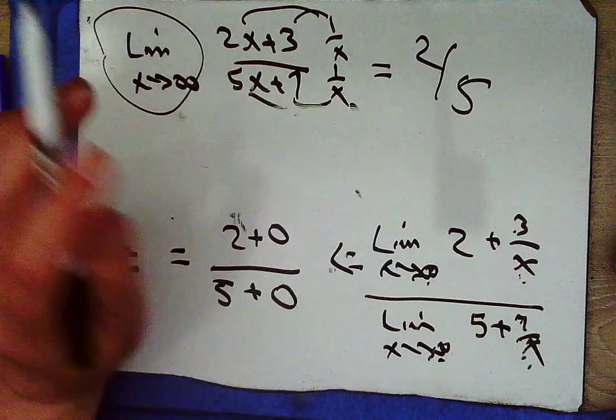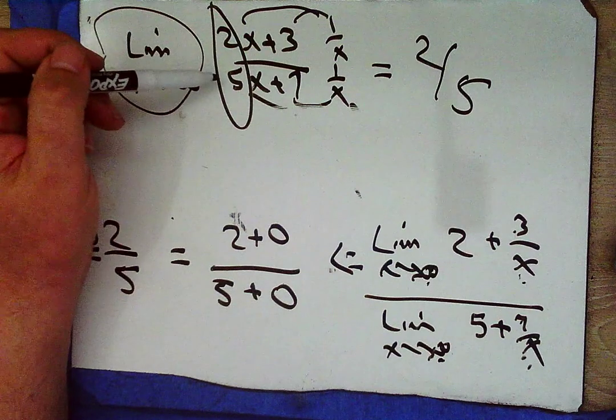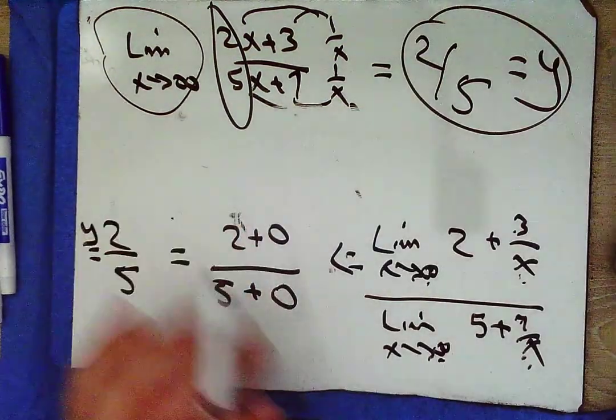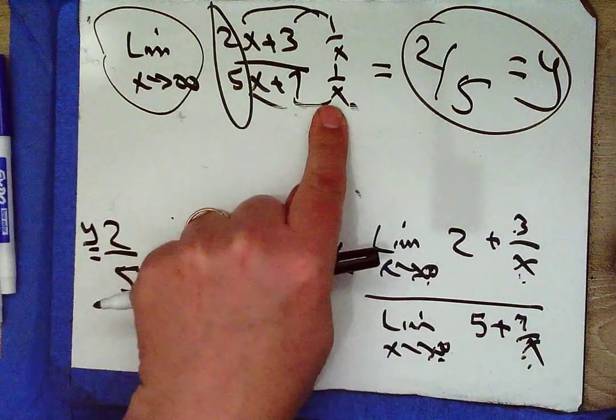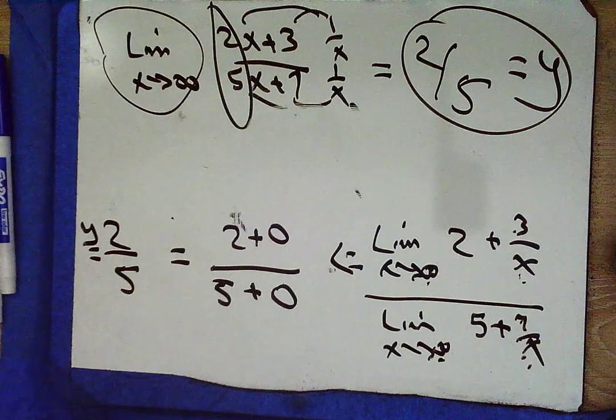But I'm not allowed to say the leading coefficients are 2 over 5, therefore y equals 2 over 5 is my end behavior model. I'm not allowed to do that. I have to show some manipulation of that limit in order to earn that point, okay?